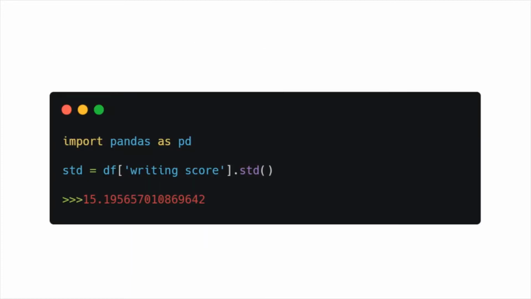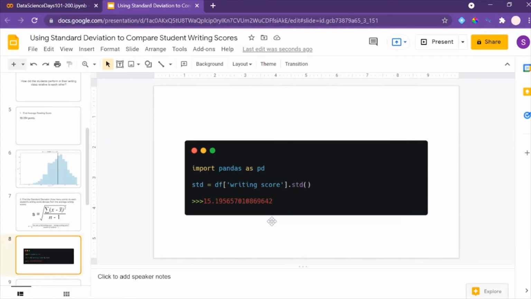So this is how I found the standard deviation using Python. I imported pandas as pd, which is the library that allows me to import the data frame. I don't believe I added that here, but I'm going to write it for you right here.